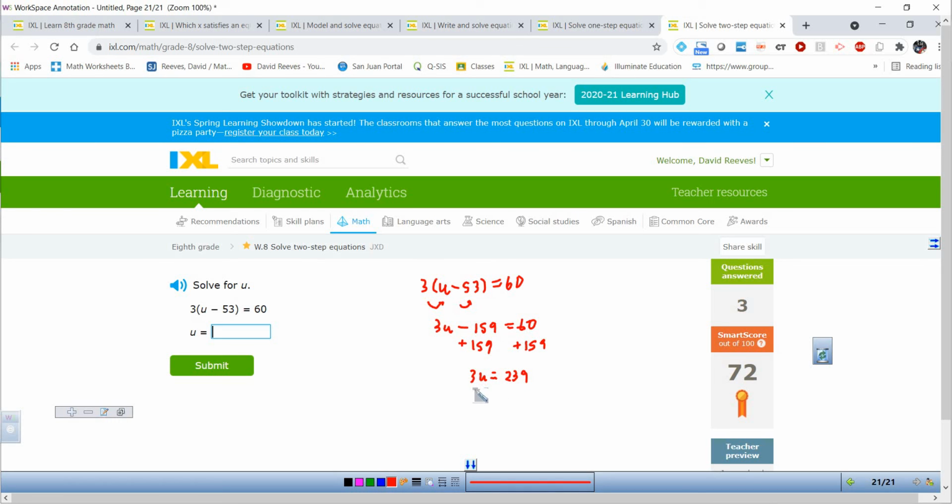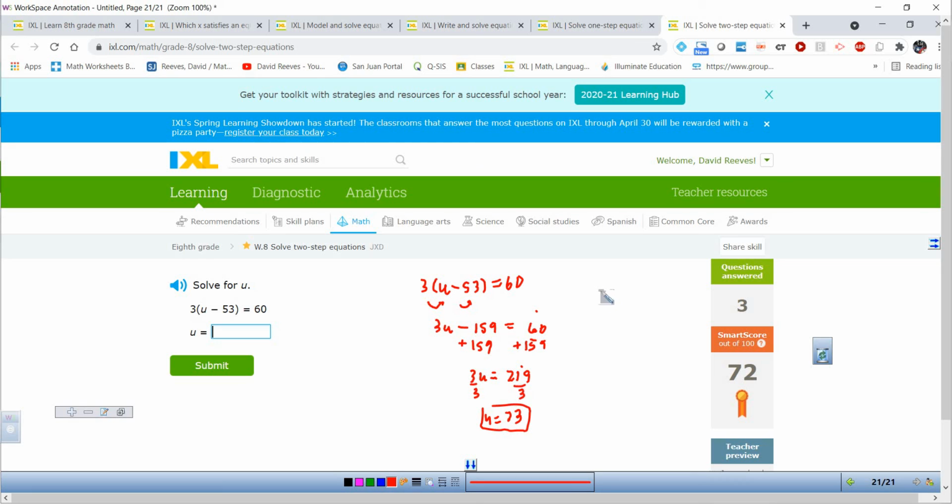Okay, and then I would divide that by 3. Let me double check my math here. 6, 0, 0, that's 9. 6 plus 15 is 21. Sorry, 219. I knew something was wrong. All right, and then we would get u is equal to 73.